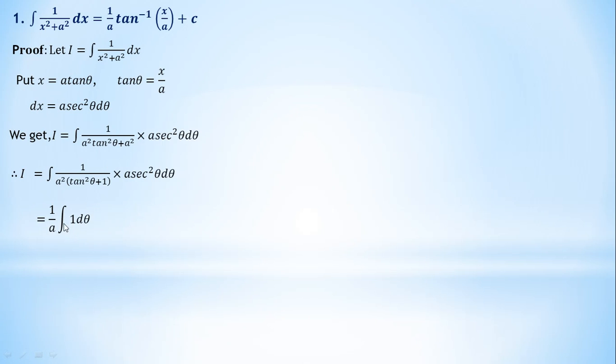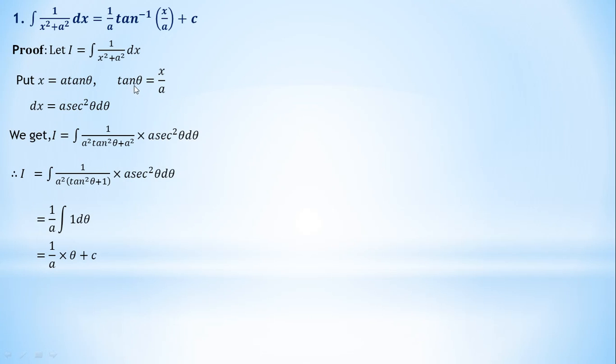Now we have to evaluate the integration of 1 with respect to theta. With respect to theta, the integration will be theta. So we get 1 upon a into theta plus constant. Now as we have substituted x is equal to a tan theta, we have to resubstitute theta.